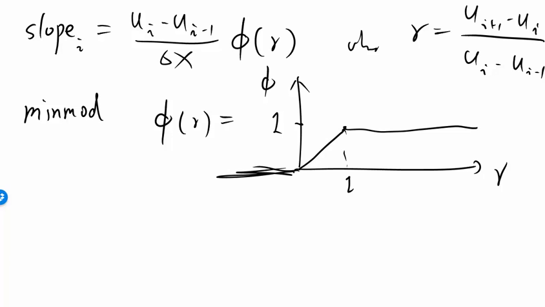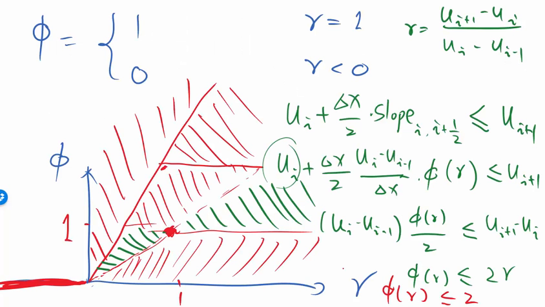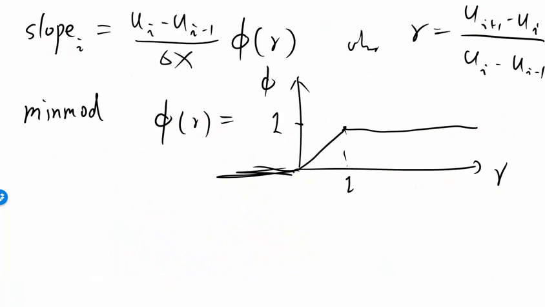Because if you look at the constraints, if you go below the minmod limiter, it is no longer going to be a second order scheme. Okay, so that's the minmod limiter.